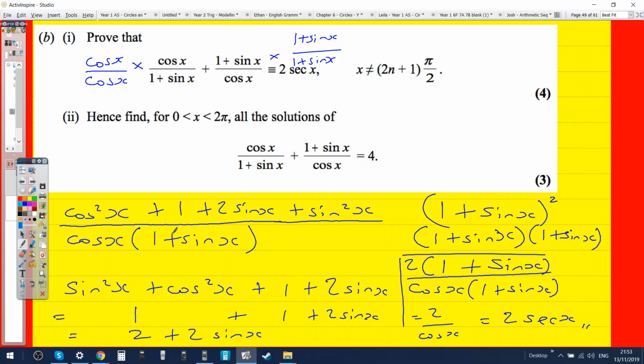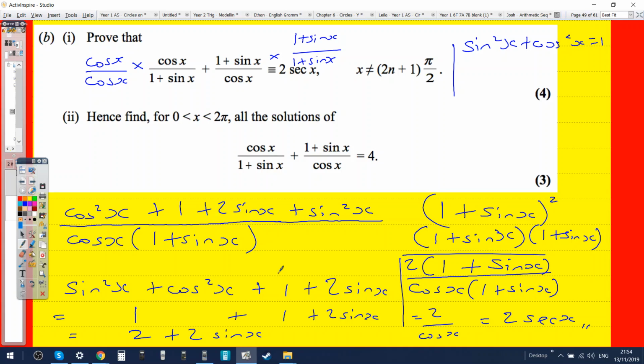The other identities, there's a million of them. But the only one you have to remember is sine squared x plus cos squared x equals 1, and then you just divide everything by sine squared x or by cos squared x, and that's how you get the identities. And this one didn't use any of them.